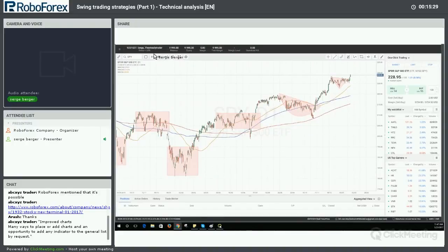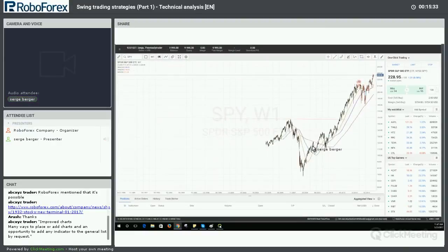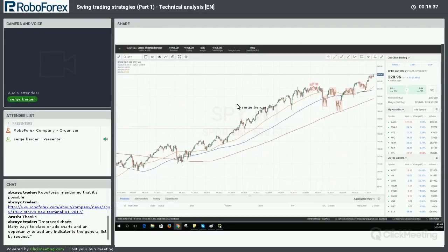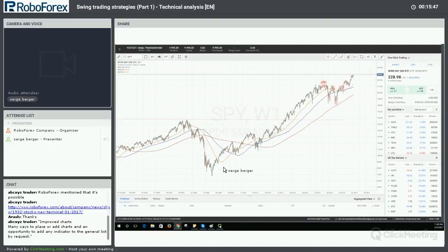In fact, if we make this a weekly chart for a minute, you can see that the S&P 500, and again, we can look at single name stocks as well, has been in a major uptrend since the year 2000, and since early 2009.